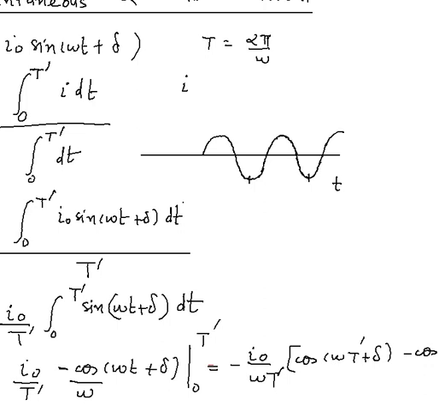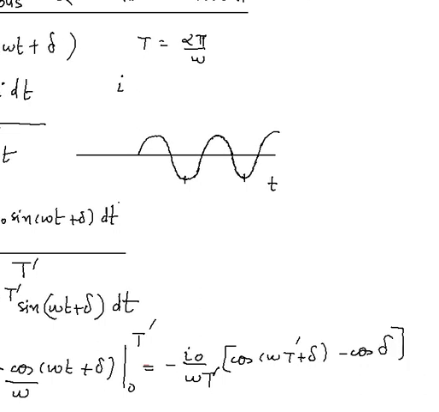Cos is a bounded function. It will have to lie between -1 and 1. So the numerator, which is the difference of two cosines, will not become massive really. But denominator on the other hand will become massive because of T dash. So for a long period of time, as T dash becomes huge, the average also approaches 0. That's other way to look at this.